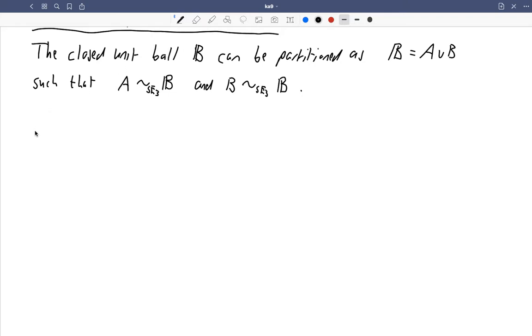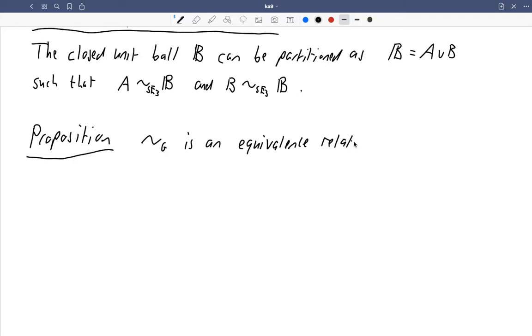And the propositions are, firstly, the notion of G-equidecomposability is an equivalence relation on the power set of X.